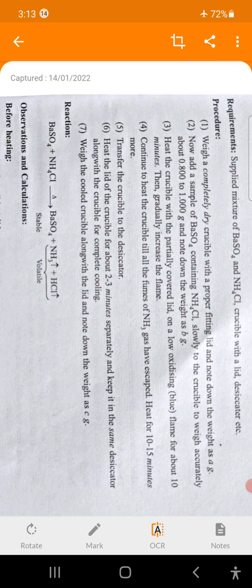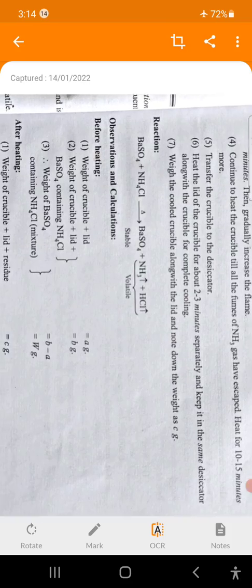And then heat again for 2-3 minutes, and then after cooling in the desiccator for some time, finally weigh that crucible plus lid plus mixture, which gives the weight of crucible, lid and mixture after heating as C.